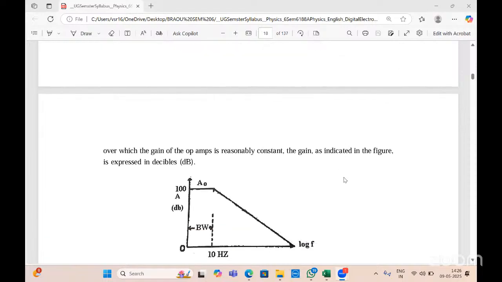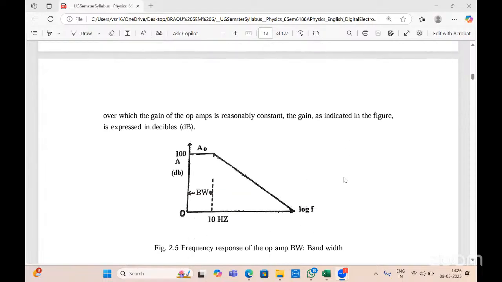You can see here the gain of an amplifier, which is reasonably constant, and up to this is the bandwidth. A naught is the gain. Okay, 100 decibels there only. After this, at 10 hertz frequency, it is falling down.